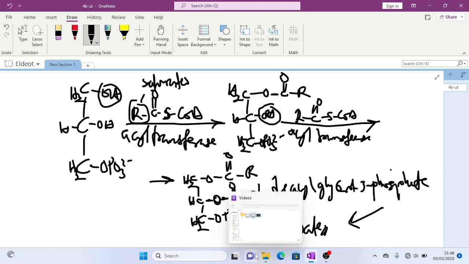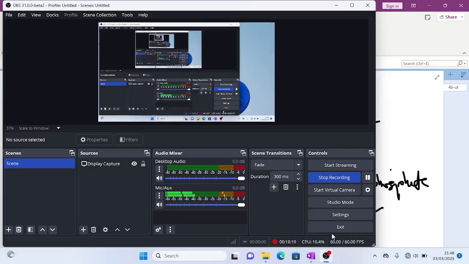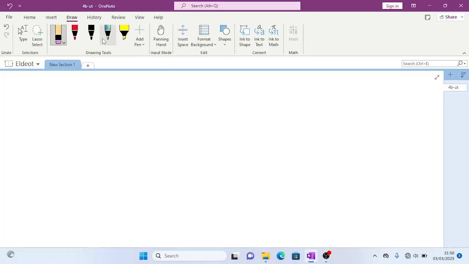Okay, let's proceed from there. So the phosphatidate that is formed can be used to make 2 types of lipids. Phosphatidate can be used to form triacylglycerides that we spoke of, and neutral phospholipids.